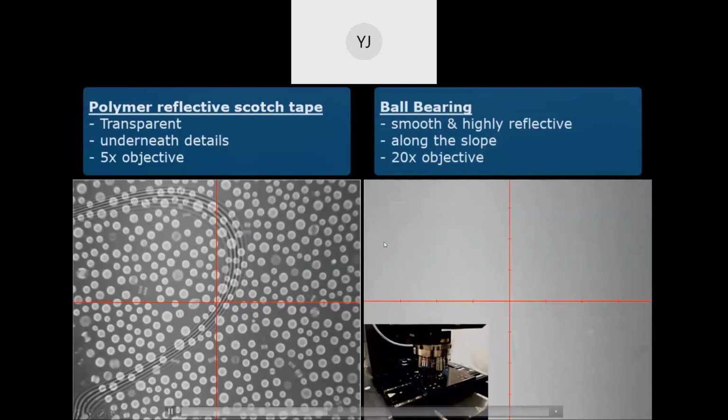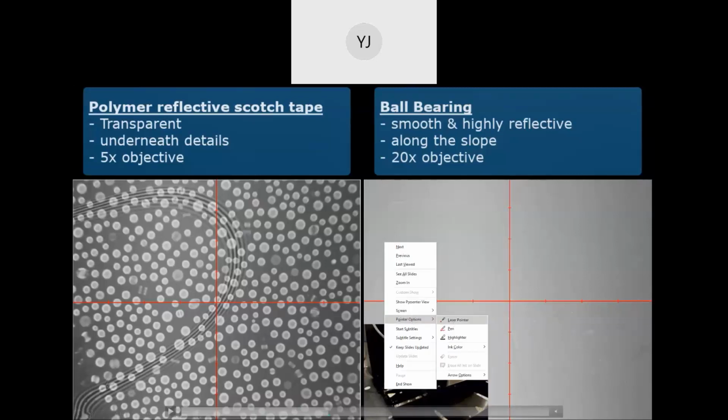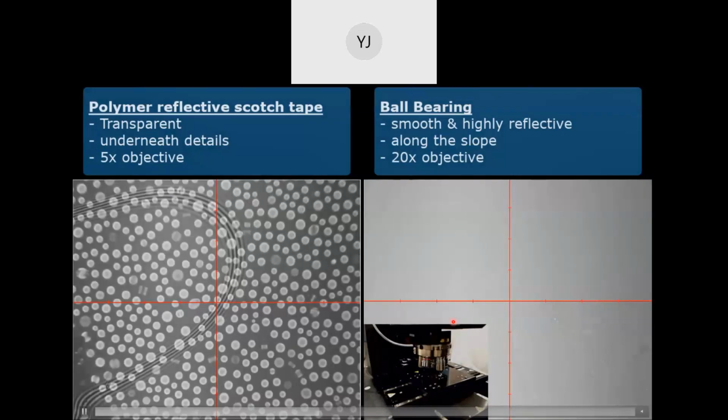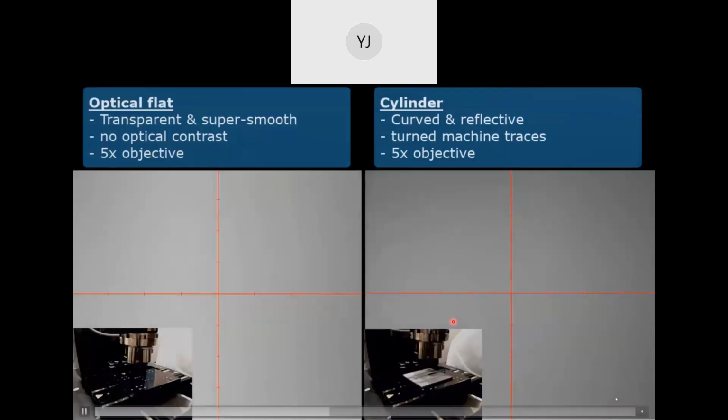Okay, so let's see. Yeah, so then you just start the measurement. Now there's a different sample. Sorry, there's some edit here. So you have a similar concept for the optical flat and the cylinder as well.